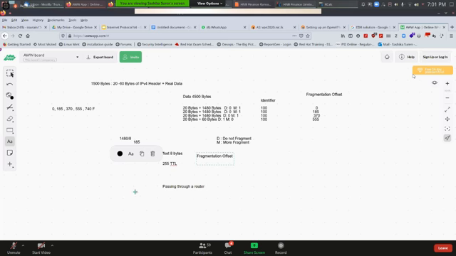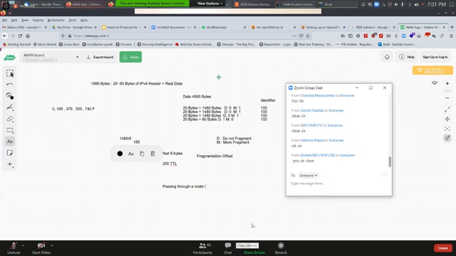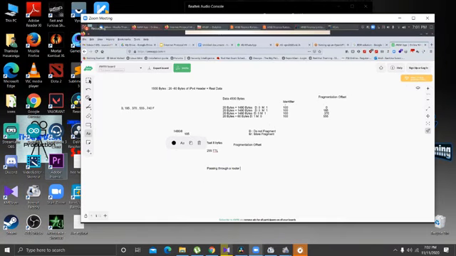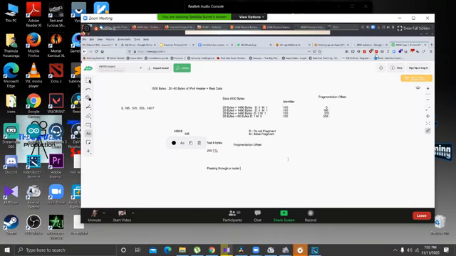So let's say the data packet passed one router, the TTL value for that particular data packet will be 254. Once it reaches the next router, the TTL value will be 253, then 252.